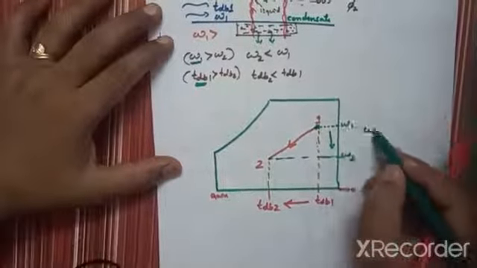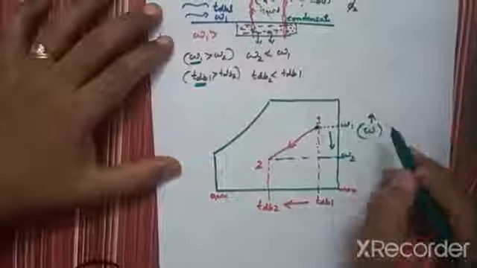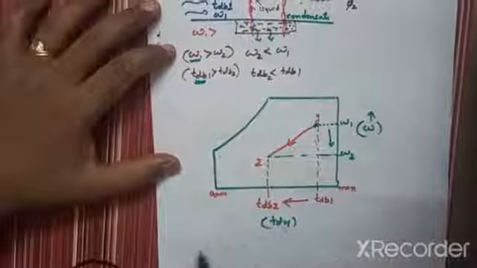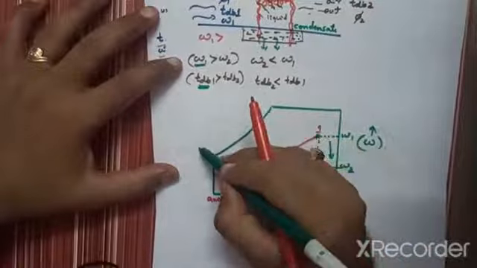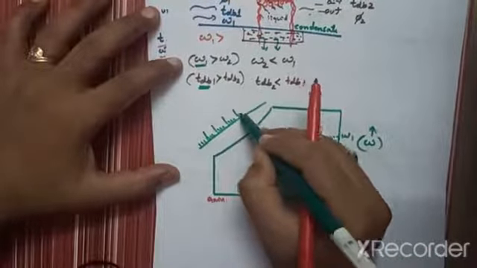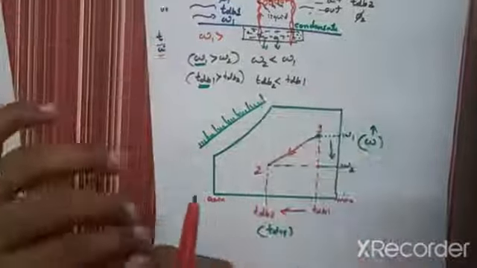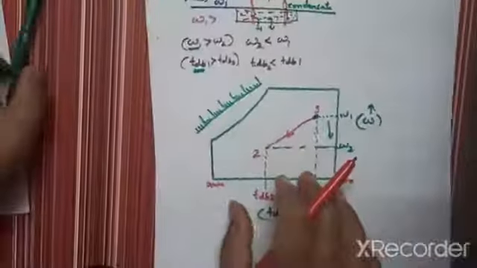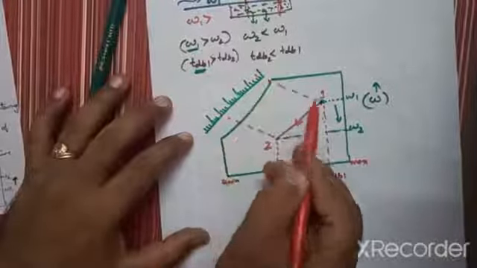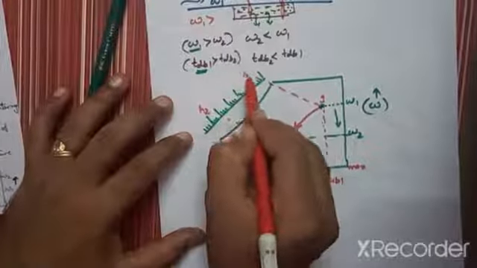So on the y-axis it is moisture content omega, and on the x-axis it is dry bulb temperature, and here enthalpy lines will be represented. So if I ask you to calculate enthalpy at point number 2, I will represent this as H2 value and this is H1 value, H2, H1.